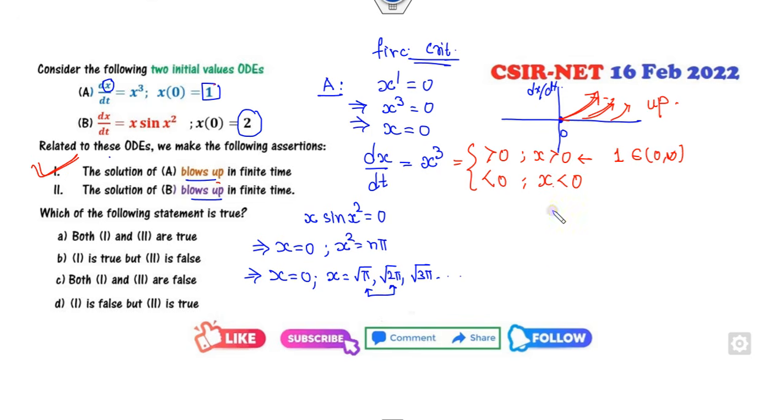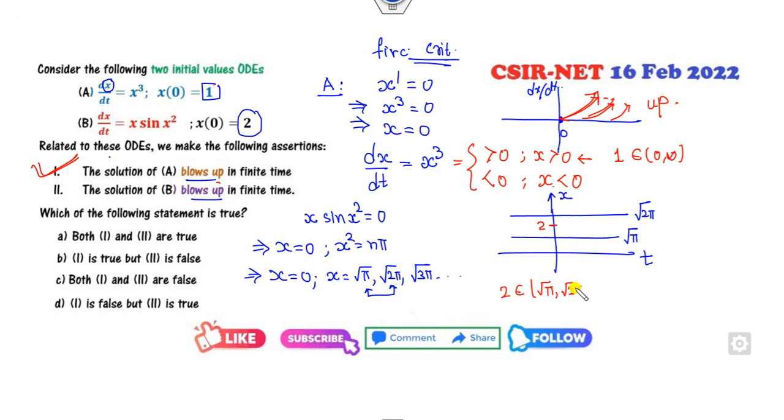So I have to draw x square equal to pi, this is my 2 pi, this is my time, this is my x. Now 2 lies in between them, so choose any number in between them.